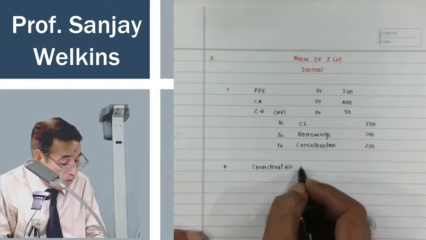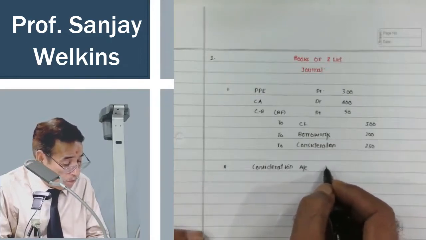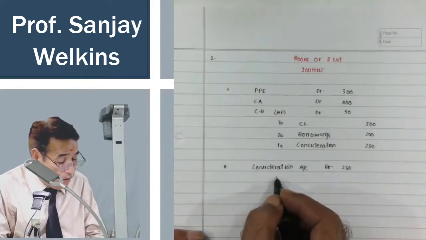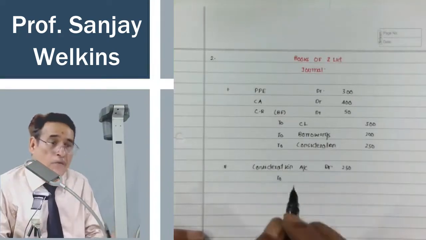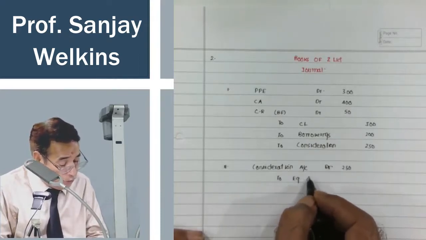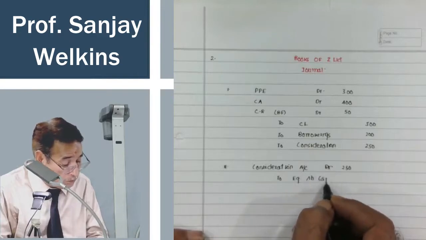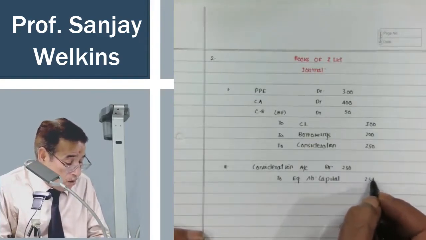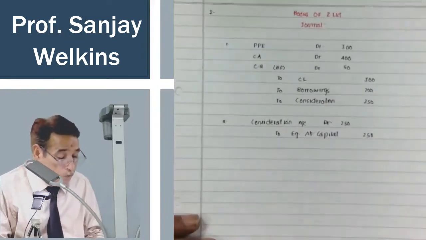Consideration account debit 250. Z Limited will make a payment of 250, and the payment was made by way of equity share capital. So these two entries we shall have to pass.